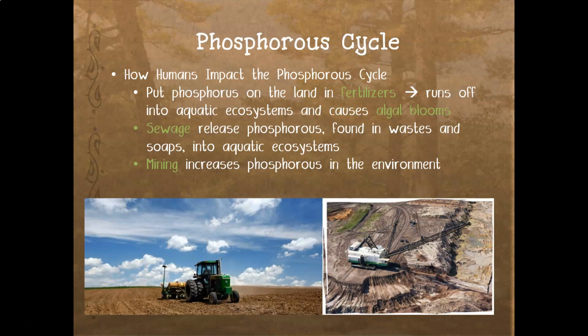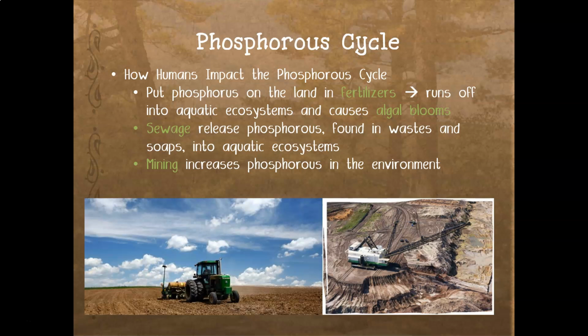Mining processes also increase phosphorus in the environment. So we talk about the weathering and erosion of how that phosphorus can get released to soils and be available to plants, and we want that at a sustainable level. But that mining basically takes that weathering and erosion process and puts the fast forward button on it, makes it happen much more quickly than natural processes would.